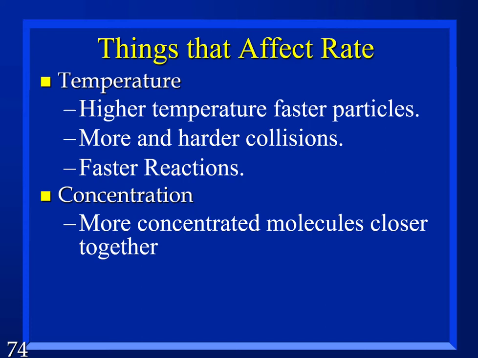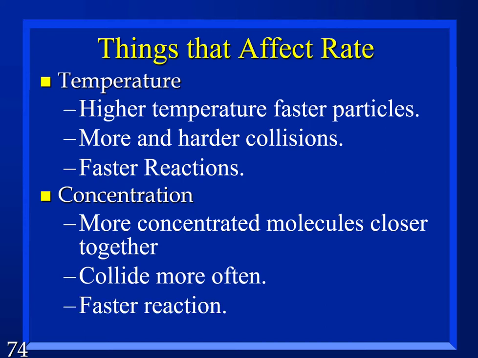If the molecules aren't close together, how's that going to affect collisions? There's going to be a lot fewer collisions. If they're concentrated, if they're closer together, they're going to collide more often. So the more concentrated they are, the more often they hit, the faster the reaction goes.